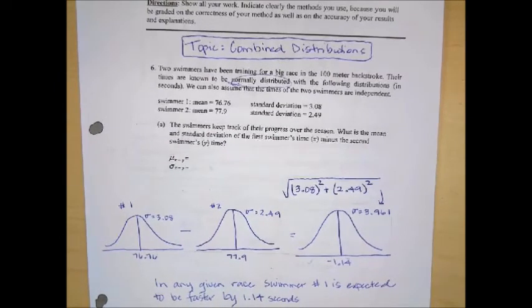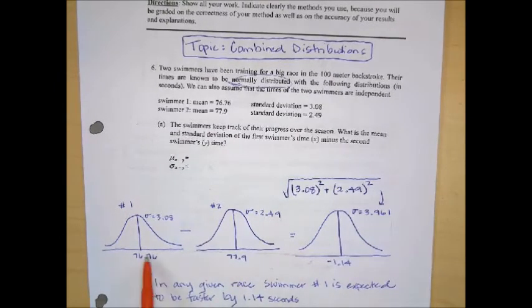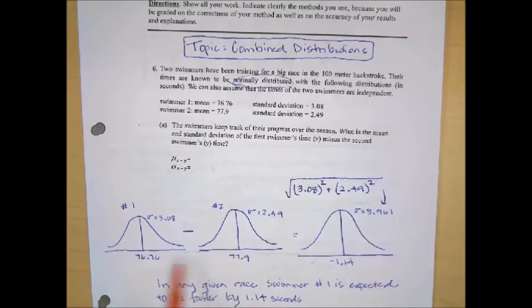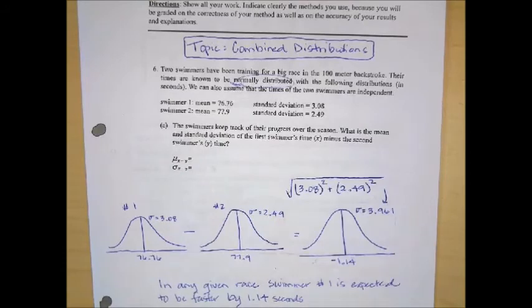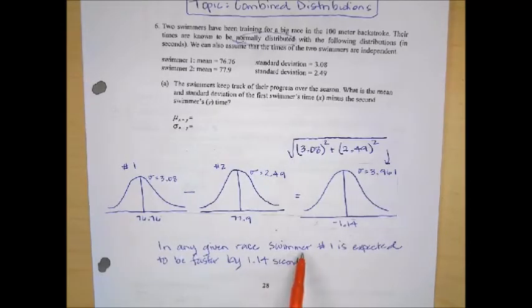Well, sometimes you add, sometimes you subtract. On this particular problem, they told us to subtract. And the difference in the two means is negative 1.14. Now remember, this is time. So a negative means in any given race, swimmer number 1 is expected to be faster by 1.14 seconds.